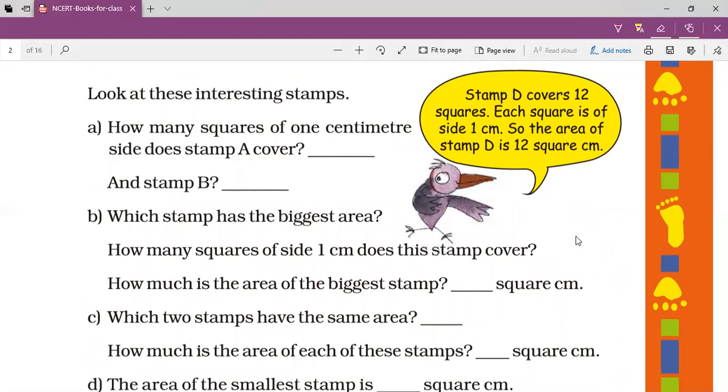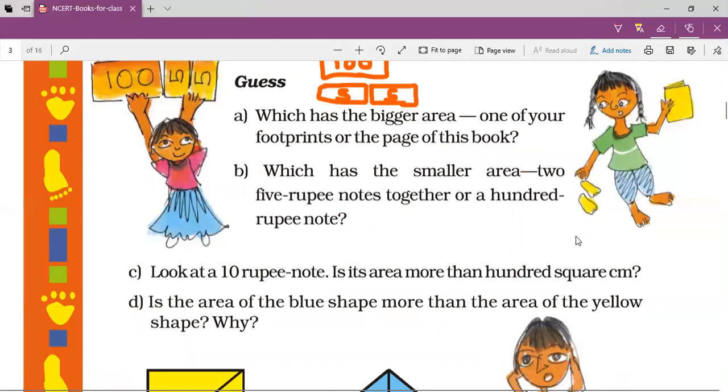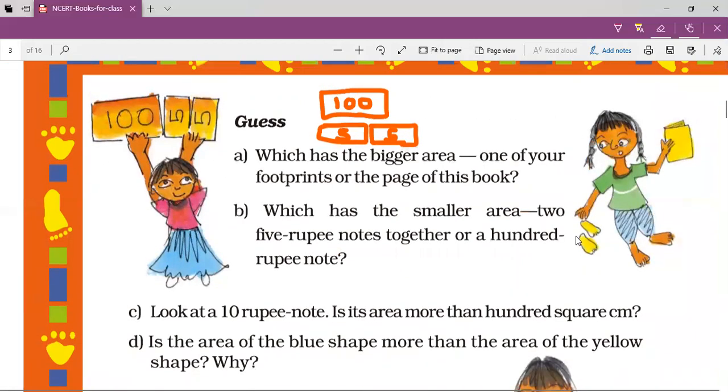Now we'll go to page number 36 where we'll solve some questions. The first one is Guess. In that, the first question is: which has the bigger area, one of your footprints or the page of this book? Here the girl is saying, this is a page of the book and this is my footprint, so which takes a bigger area?